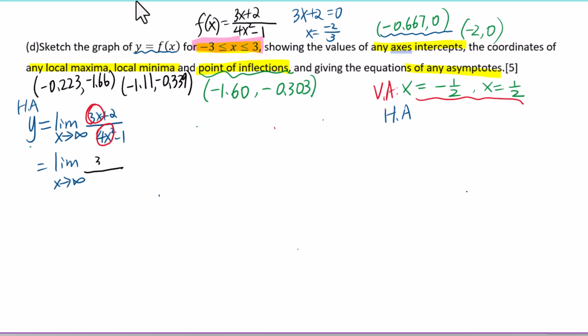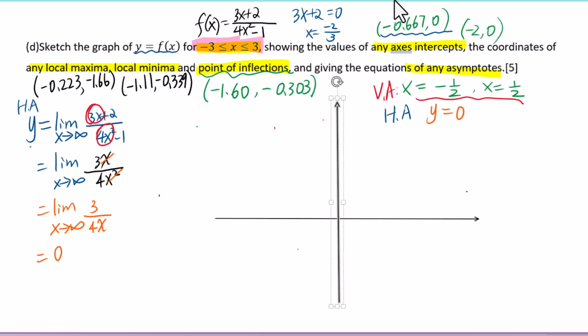So we have 3x over 4x squared, reduce, equals limit as x approaches infinity of 3 over 4x equals 0. So we do have a horizontal asymptote line y equals 0.